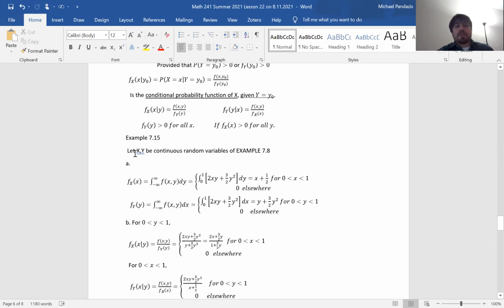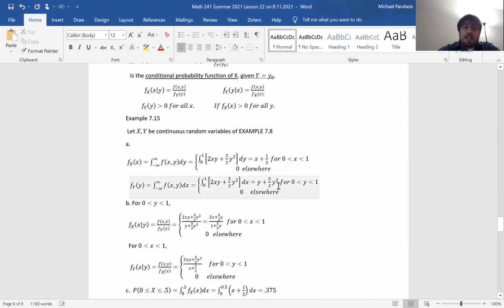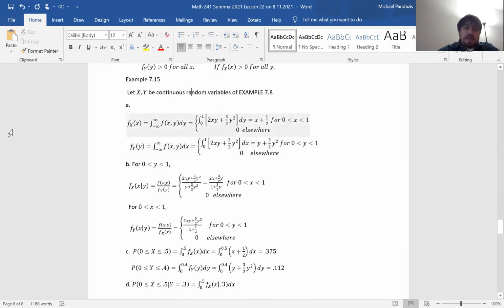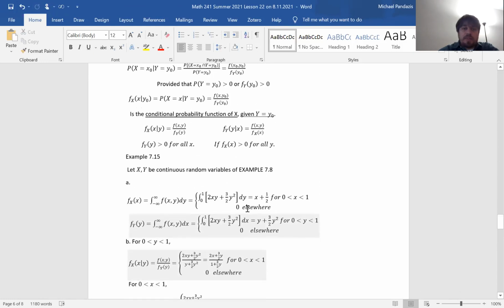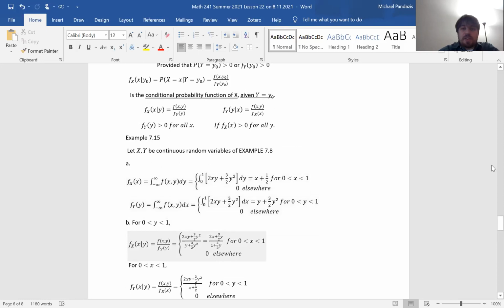Okay, example 7.15. Let X, Y be the continuous random variables of example 7.8. Now we have our PDF in example 7.8.